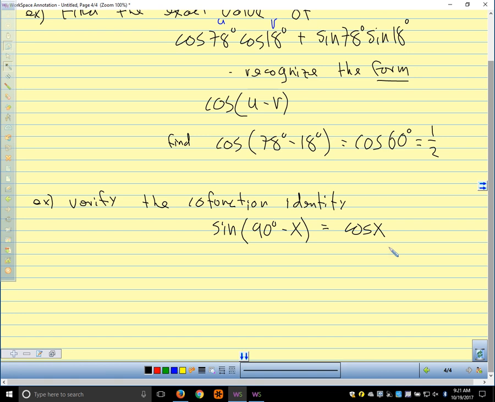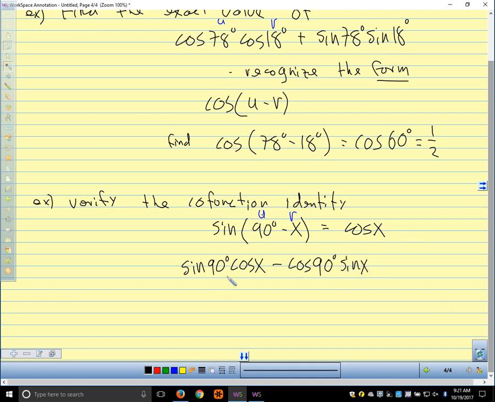Well, now we're going to use identities, formulas, to verify this. So this is going to be my u, and this is my v. And we're going to use the sine of u minus v. So I'm going to rewrite this as the sine of 90 cosine of x minus cosine 90 sine x.